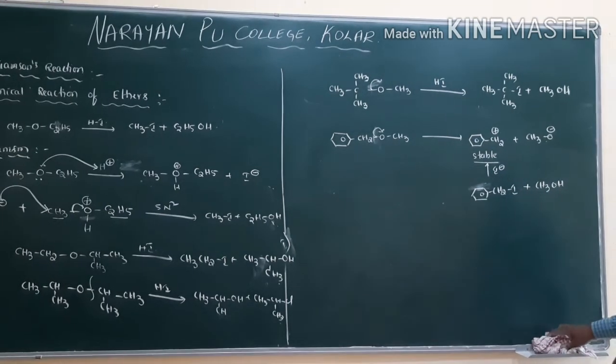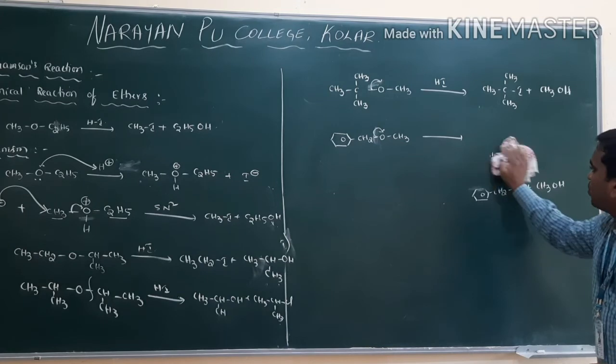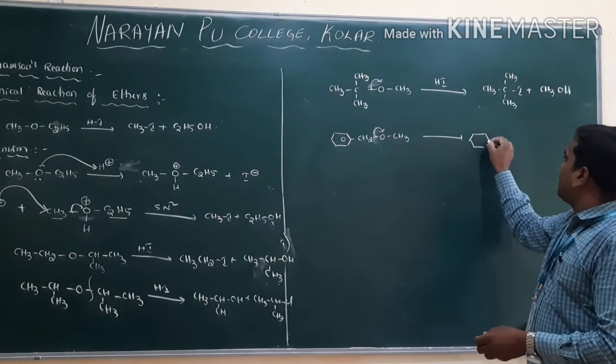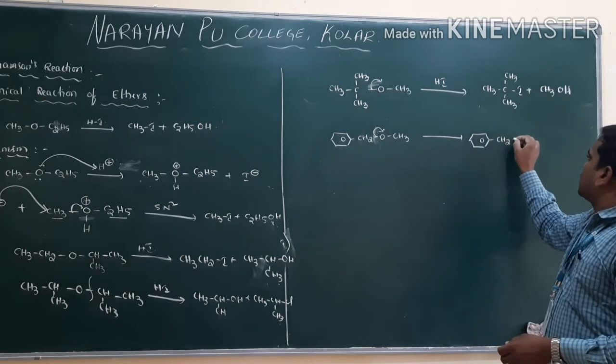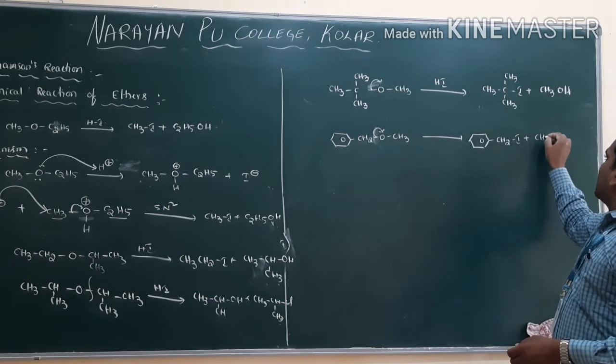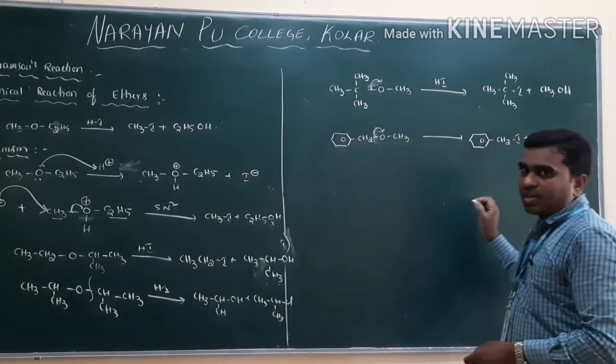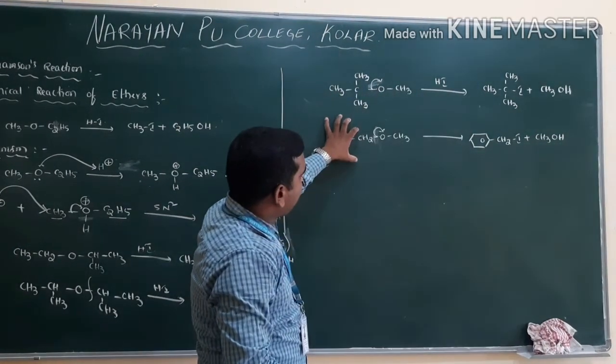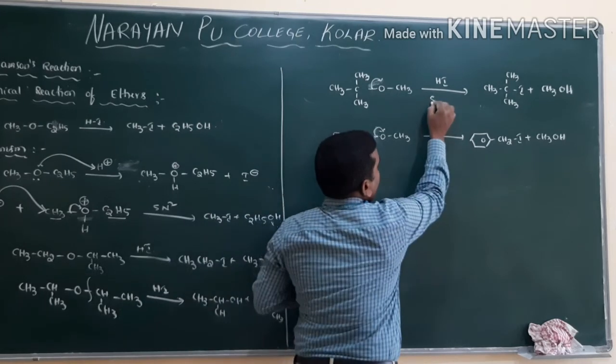So this is very important. You have to understand the concept here. The final product formed here is C6H5CH2I plus CH3OH.